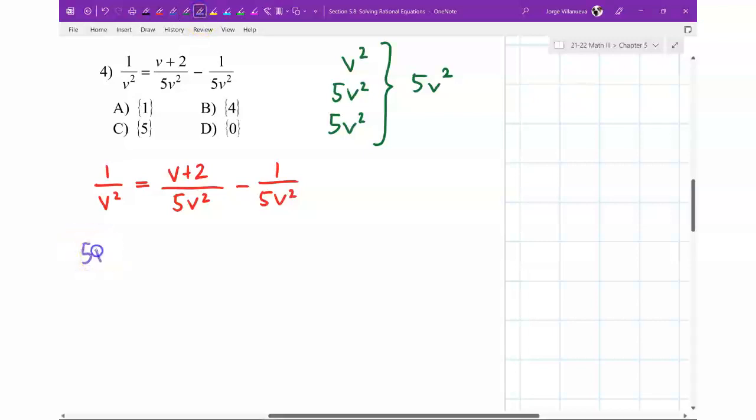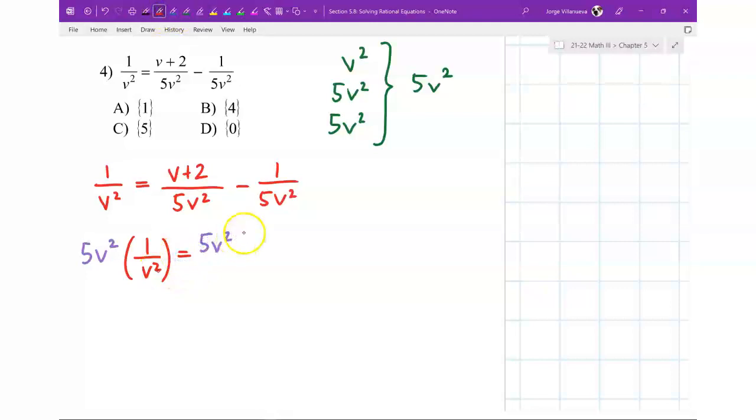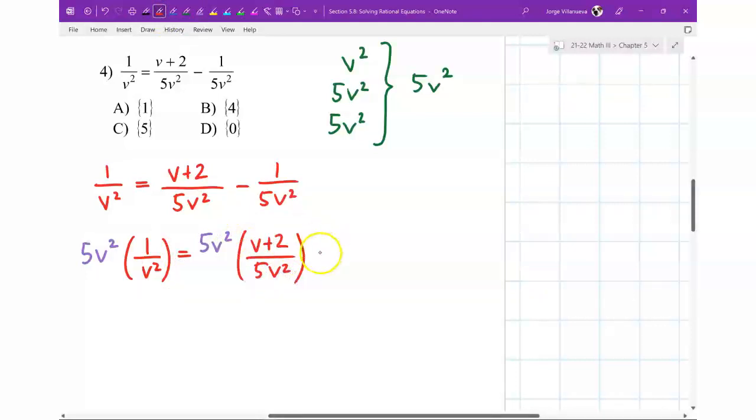So 5v squared times 1 over v squared equals 5v squared times v plus 2 over 5v squared minus 5v squared times 1 over 5v squared.